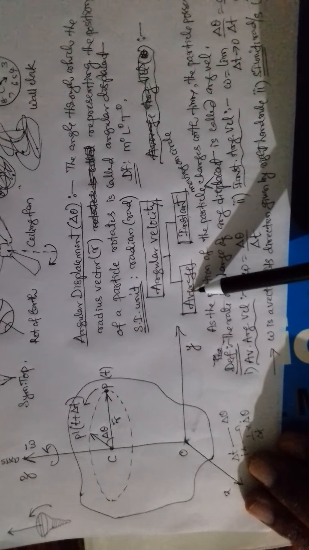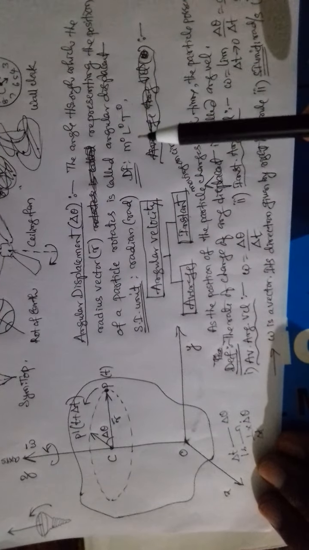And this angular velocity is defined in two different ways. One is the average angular velocity, another is the instantaneous angular velocity. So here let us define the angular velocity in general. If it is linear velocity, how did we define it? The rate of change of displacement is called velocity. Rate of change of displacement means linear displacement, but here it is angular displacement. Therefore, the rate of change of angular displacement is called angular velocity.